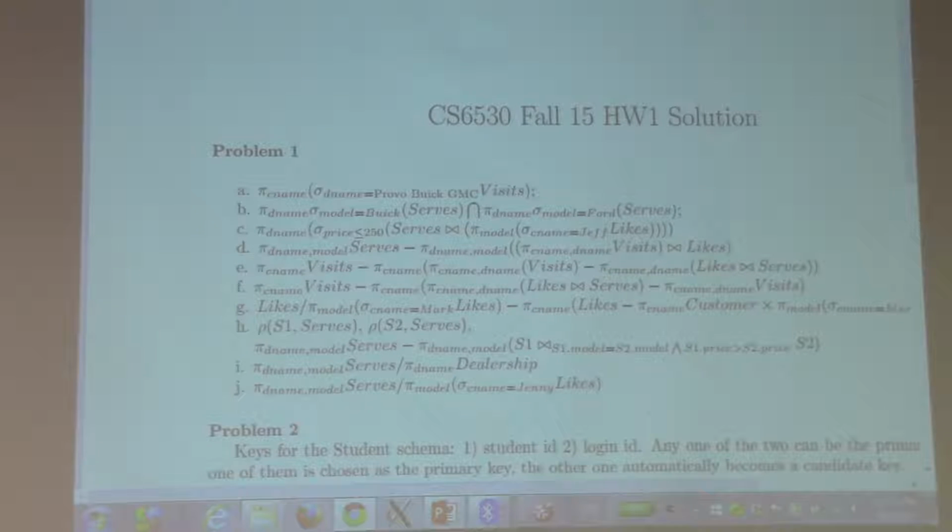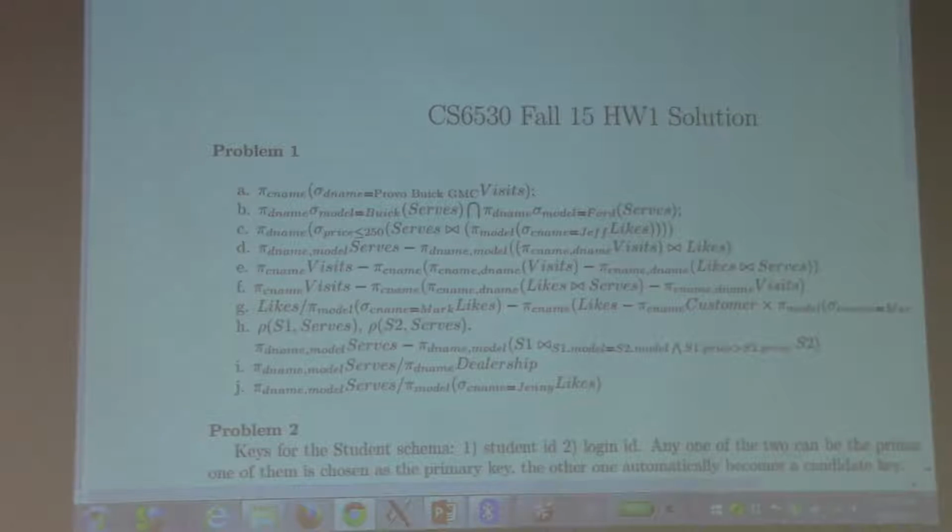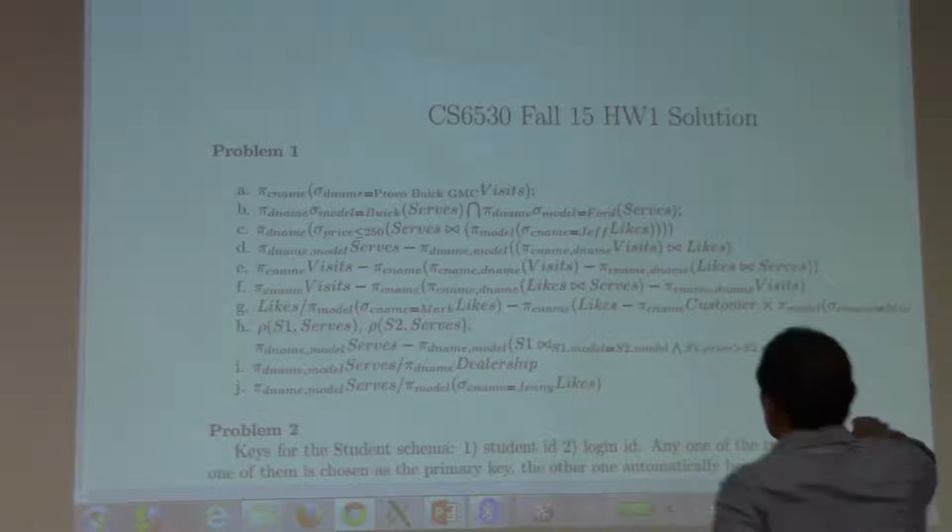But be careful, here it doesn't tell you that the customer has actually visited that dealer. It only tells you that if you do visit that dealer, that dealer has at least one car that you like. But it doesn't mean you have actually visited. I just want to find all such possible combinations. You follow me? This part.